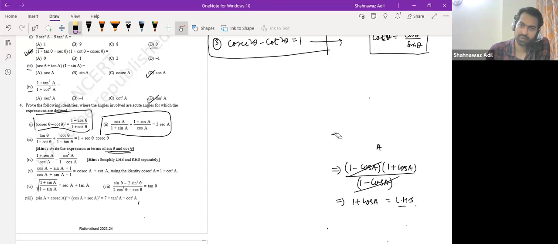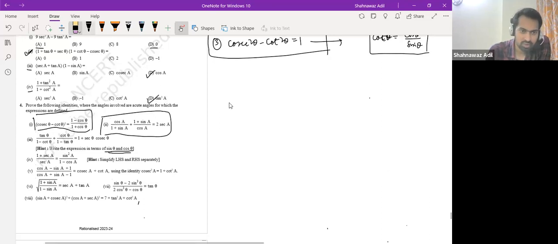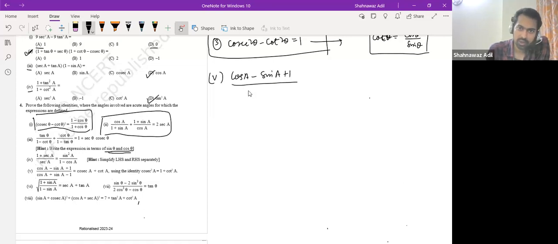So we have to simplify this big term, right? Cos A minus sine A plus 1 divided by cos A plus sine A minus 1.